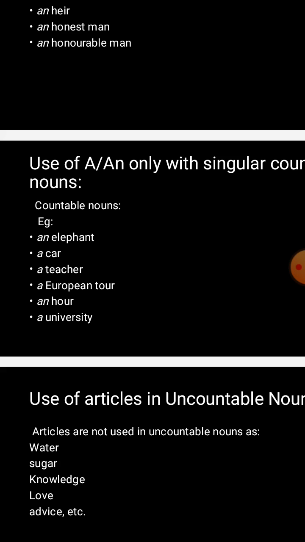You hear university, uniform, utensil. All these they take the article a, because uncle takes the article an. Though it begins with U, you hear the sound uh, uncle. An uncle, when you say uncle.